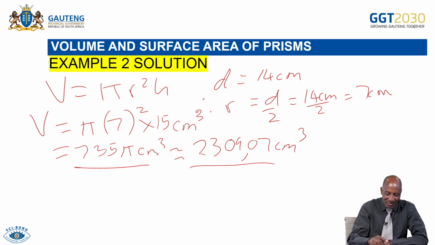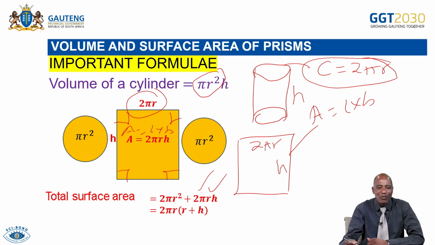Right. Let me go back and address the issue of where the top part of your cylinder is open. If the top part of your cylinder is open, it means one ring is not there.